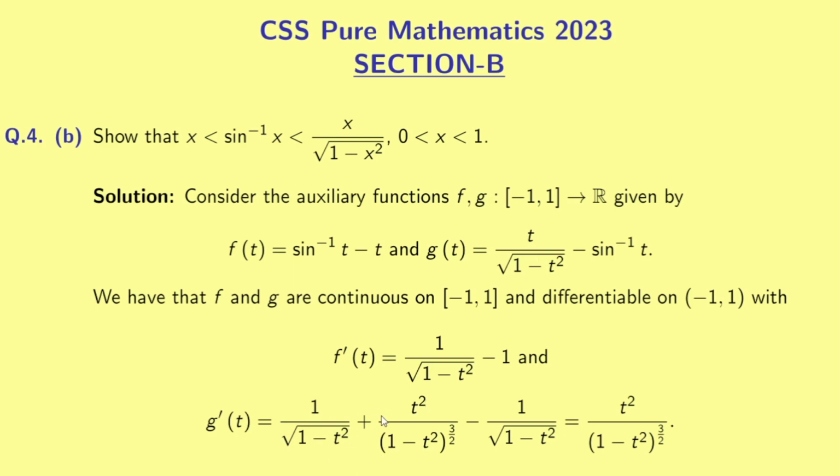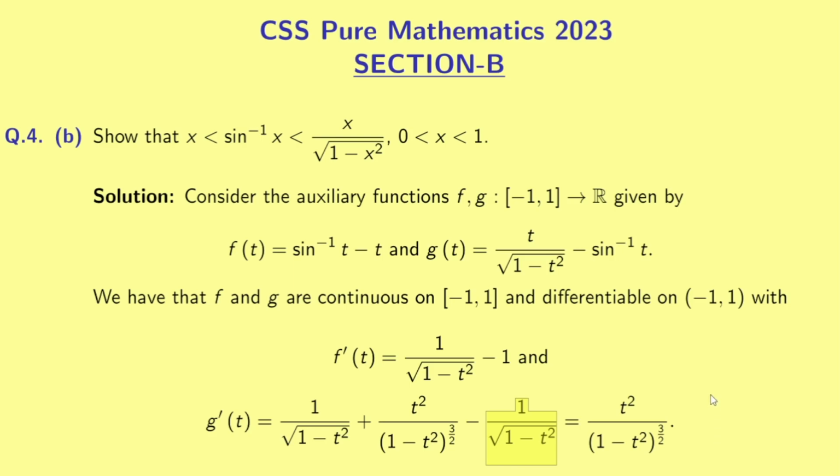Then we take t and multiply by the derivative of 1 over the square root of 1 minus t squared, and we get this expression here. As we can see, this cancels out with this, and we obtain that the derivative of g is t squared over the square root of 1 minus t squared to the power 3/2. Okay, perfect.